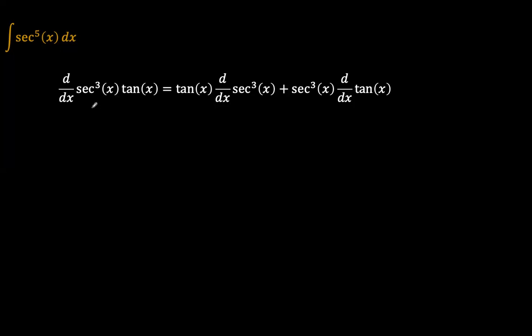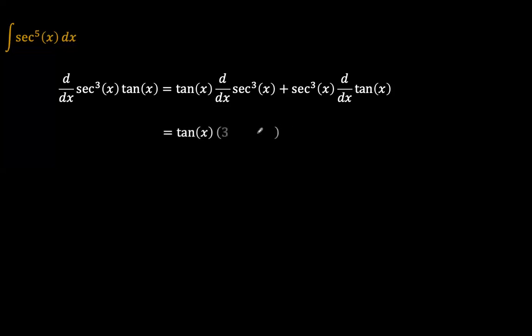So how I would begin the process is I would differentiate the product of sec cube x and tan x, where you differentiate one component and then add the product of the other component differentiated. So here we have tan x times the derivative of sec cube x, plus sec cube x times the derivative of tan x.